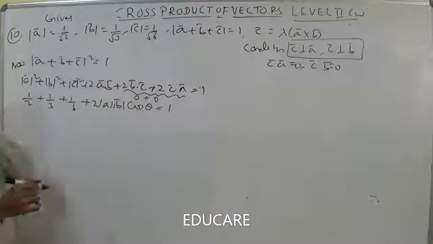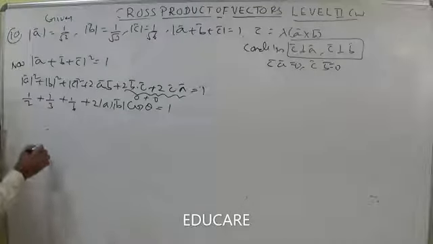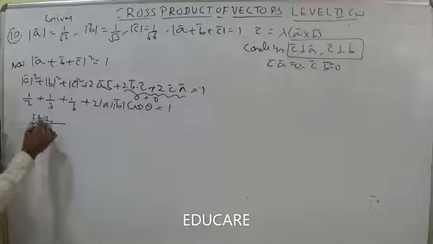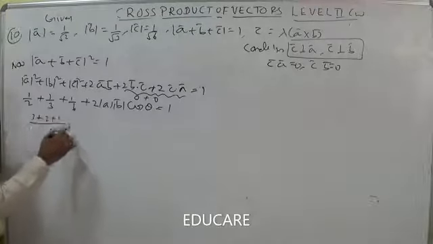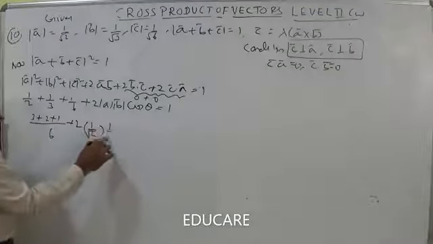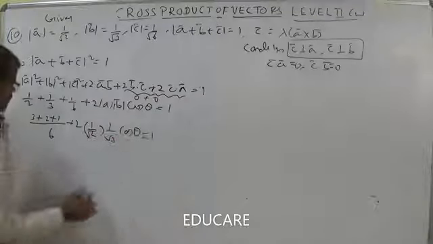Now we can apply the values: 1 by 2 plus 1 by 3 plus 1 by 6. Taking the LCM, it becomes 6, so 3 plus 2 plus 1 by 6, that is 6 by 6, plus 2 into, once again we add the magnitudes, 1 by root 2 into 1 by root 3 into cos theta equal to 1.